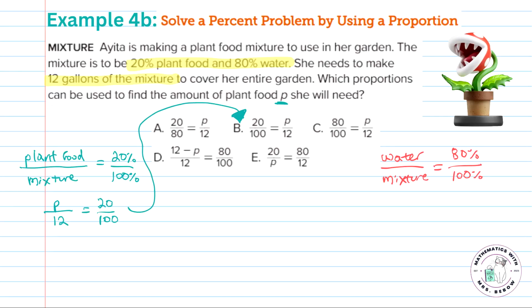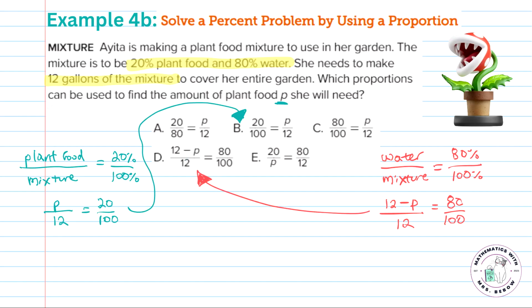The water, we don't know that amount, but we can represent it by taking the entire mixture amount, subtracting the amount of plant food, and whatever is left would be the amount of water in this mixture, which the mixture itself is 12 gallons. And then that would be equal to 80 over 100. So we're going to see an option here that matches. This is going to match with letter D.